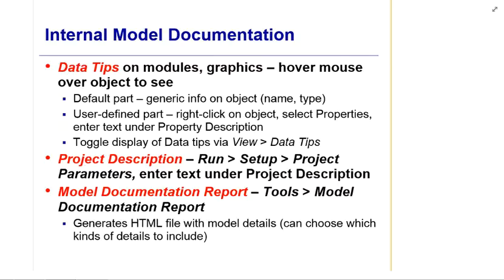And again, not just the standard Arena data sets, but also anything that you might define as a user-defined situation. Project description, again, you can enter that or should enter that, some unique name, whatever you want to call it, something that describes it, and that's in your setup of the initial simulation.